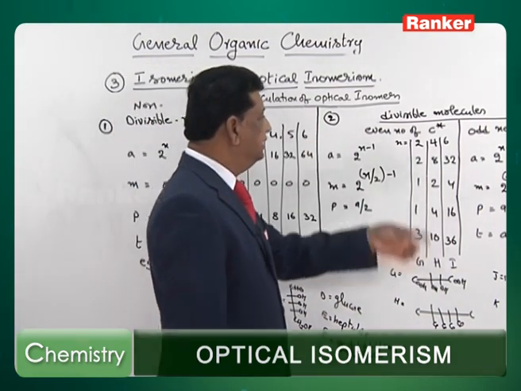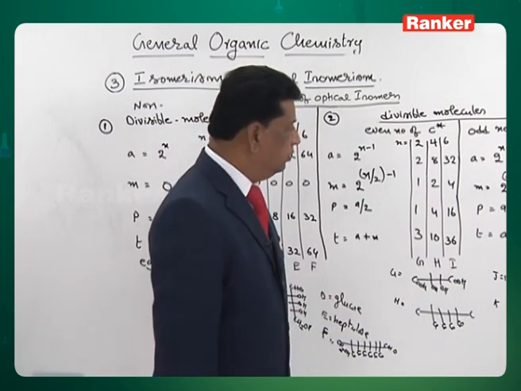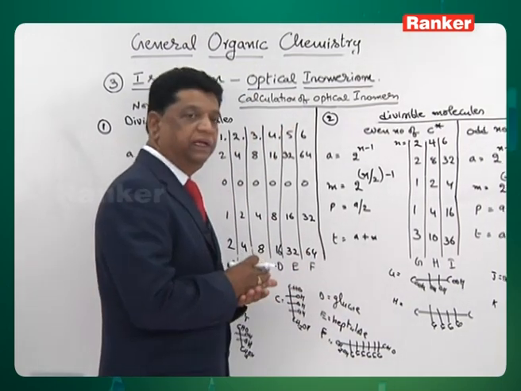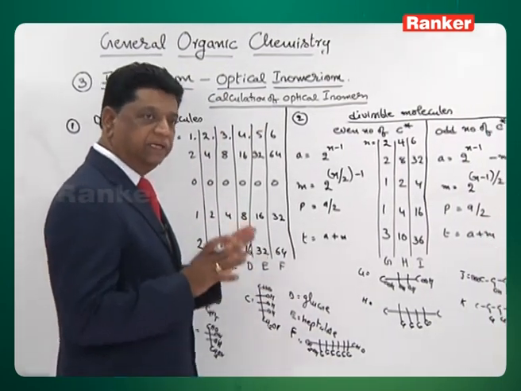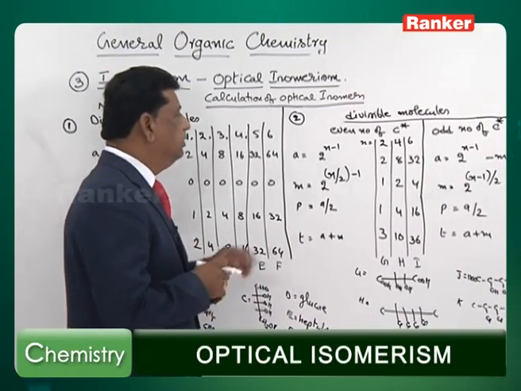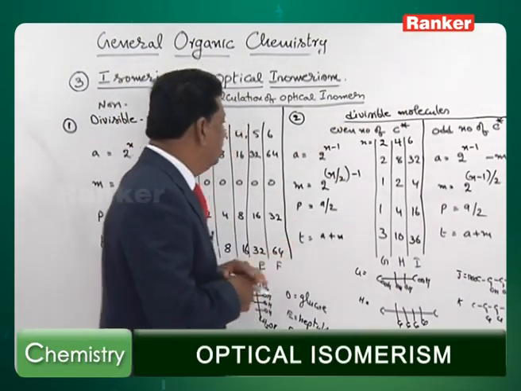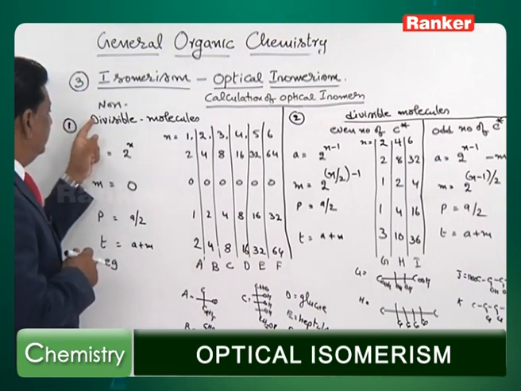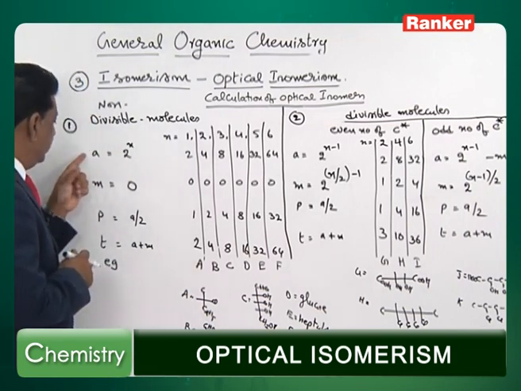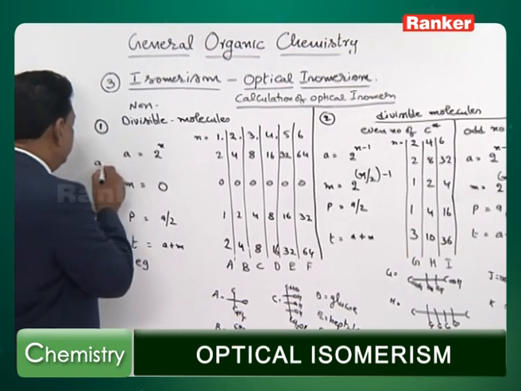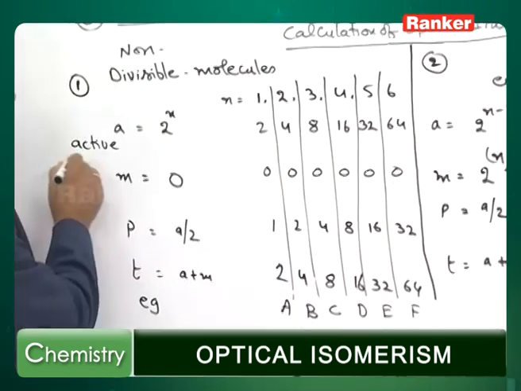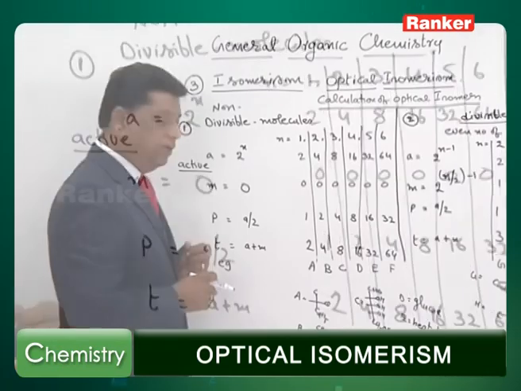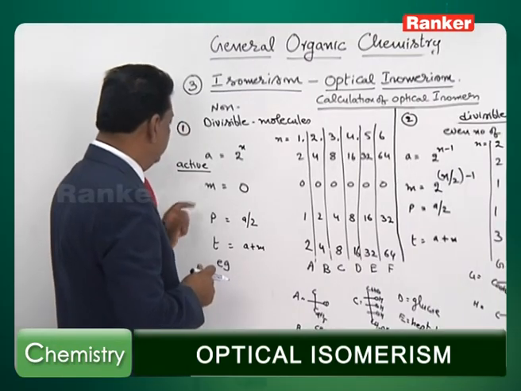Whereas the other section is the divisible molecule. That means if you can cut at one place, you will get two exact halves. Therefore such molecules we call divisible molecules. So the working pattern will be different. For the non-divisible molecules, A stands for the active isomers. That means compounds which show optical isomerism are called active isomers.